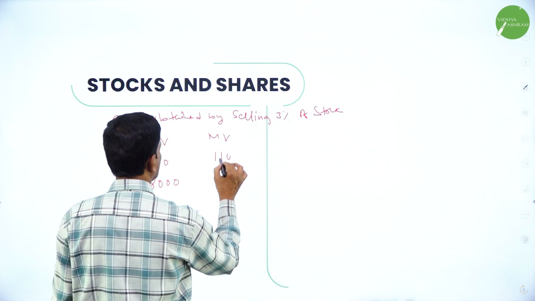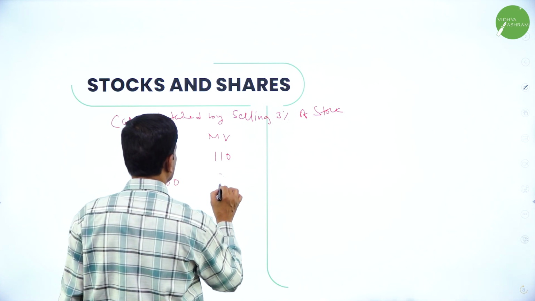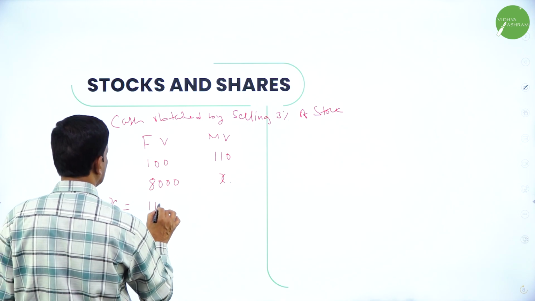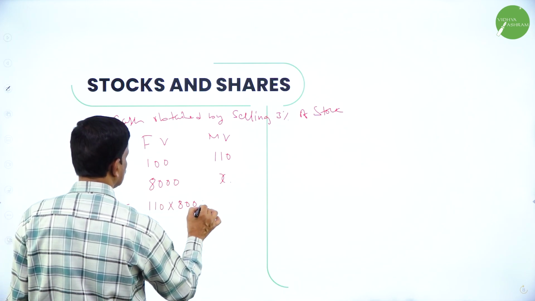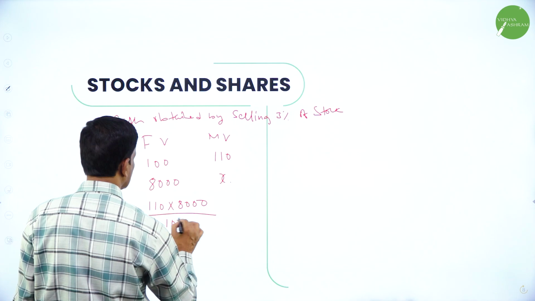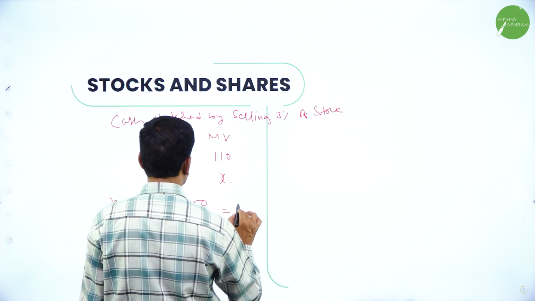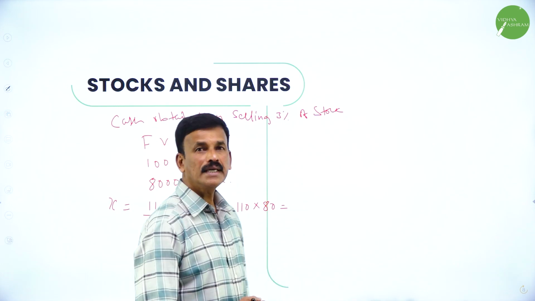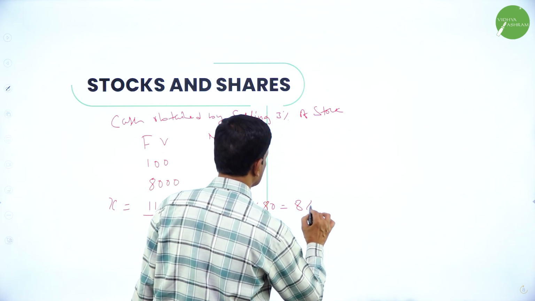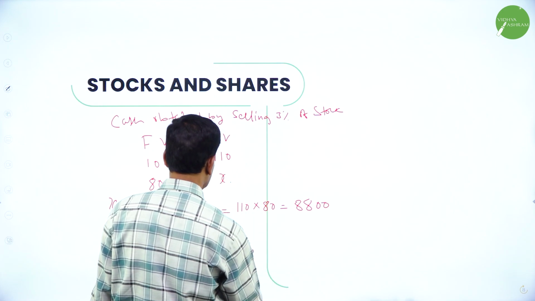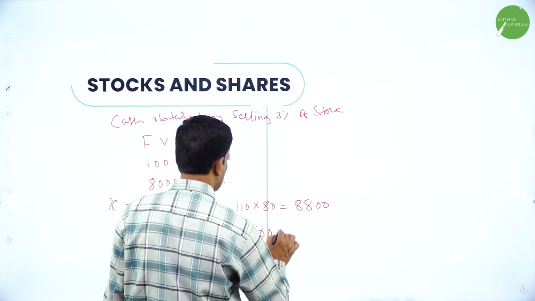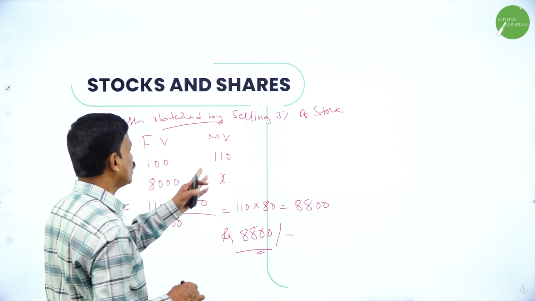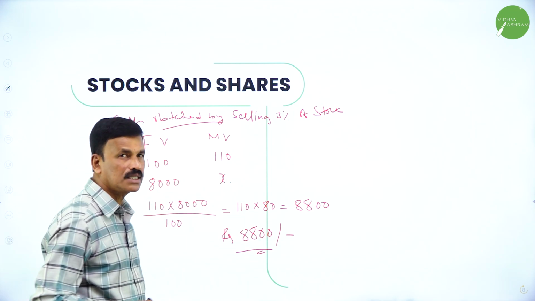So she will sell at 110 and calculate X as usual. X is equal to 110 into 8,000 divided by 100, that is equal to 110 into 80, which is 8,800. So the cash obtained by selling 3% of the stock at 110 is 8,800.